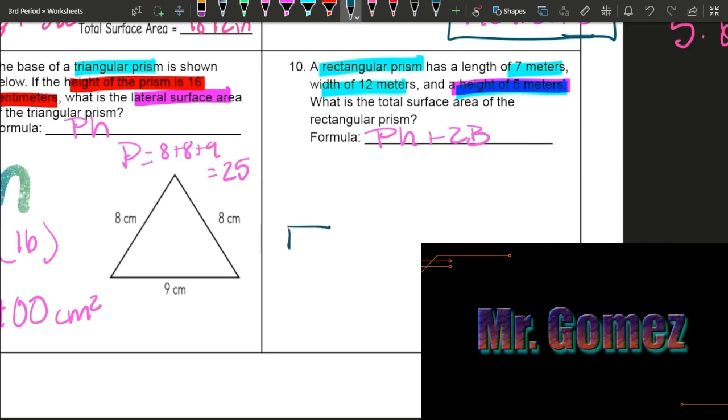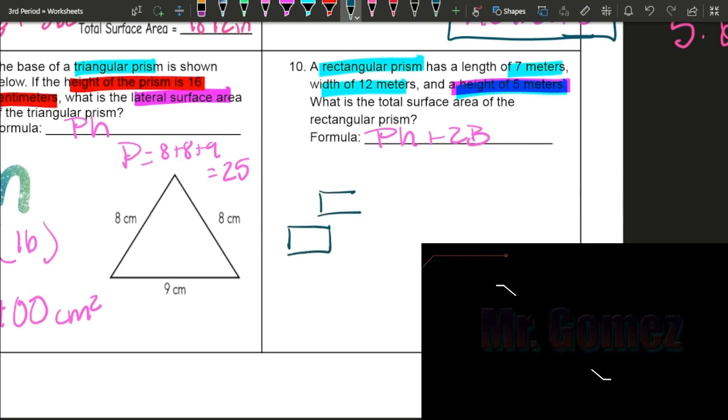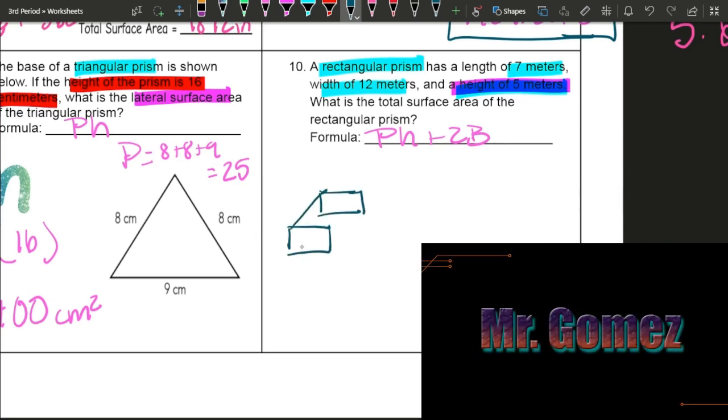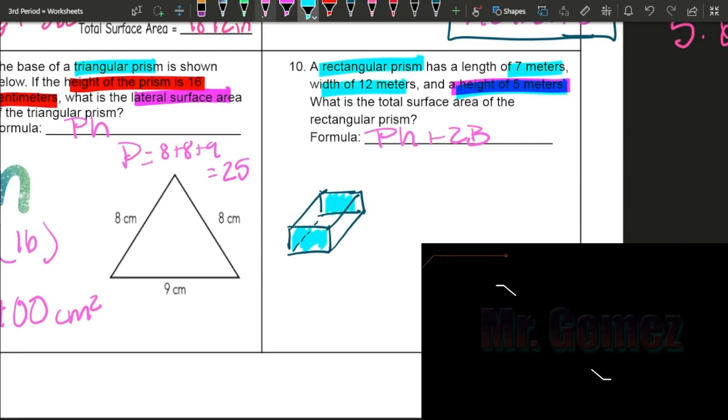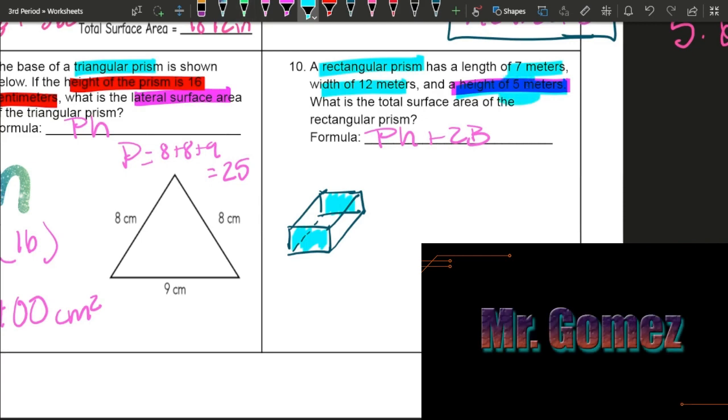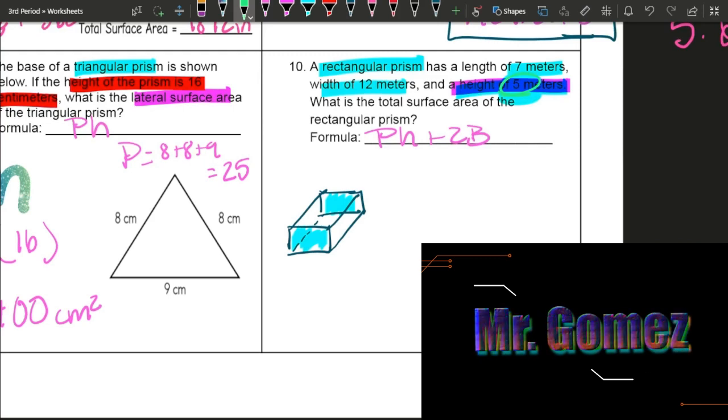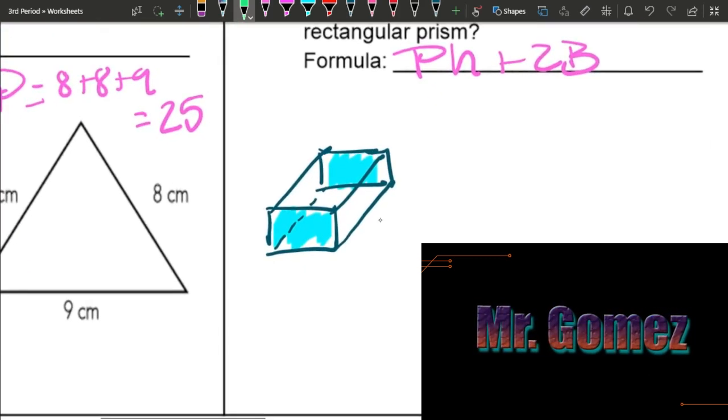So we have a rectangular prism. I have my base right here and another one on the back. The height is the distance between the two bases. What is the height? 5. So where will the 5 go? Right here. That will be my height.